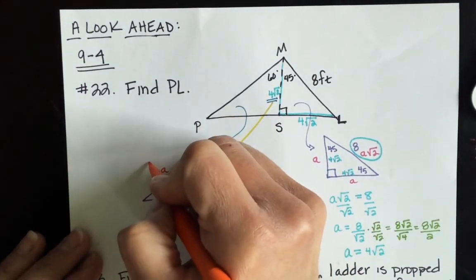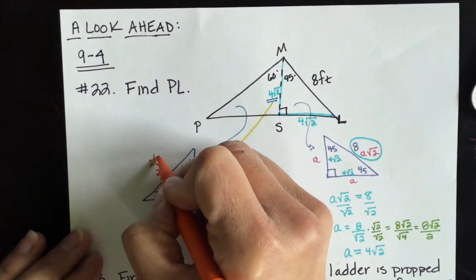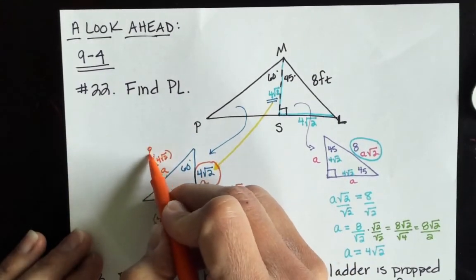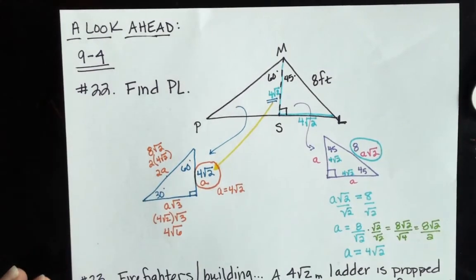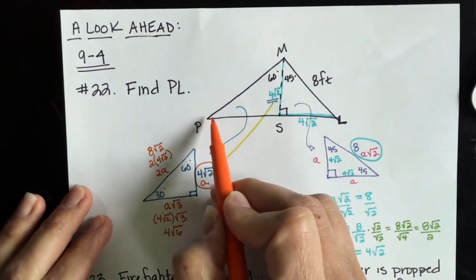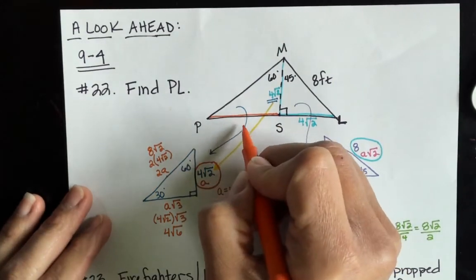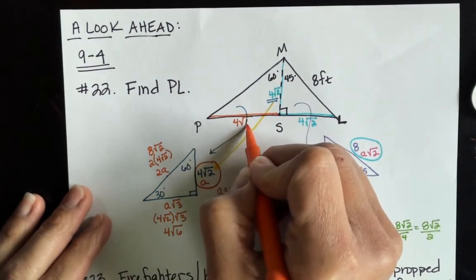And if for some reason we'd need to over here, we could plug in 4 radical 2, and this side then becomes 8 radical 2. So that means this piece right here is 4 radical 6.